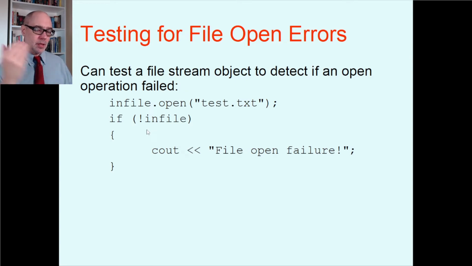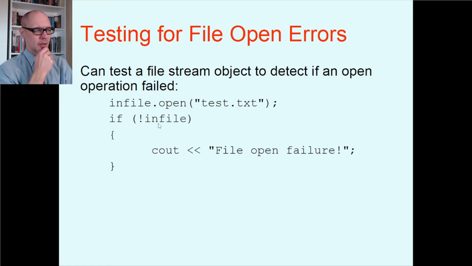So if the infile failed to open, remember how this works, not infile turns that to true. You get into the body of this if statement and you print out a good quality error message. You print out file open failure or something like that so the user knows that we couldn't actually find the file. And then presumably there's an else section here that is used if the file was open, and then you actually go and process it and do what you want. But that right there is how you check to see whether the file was successfully open.